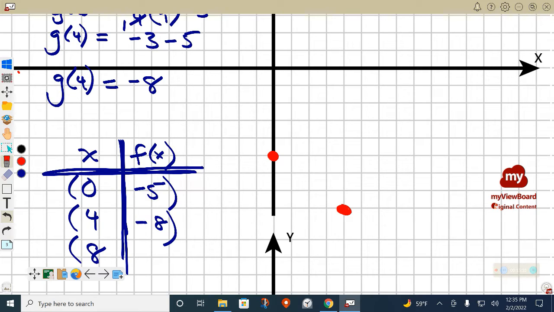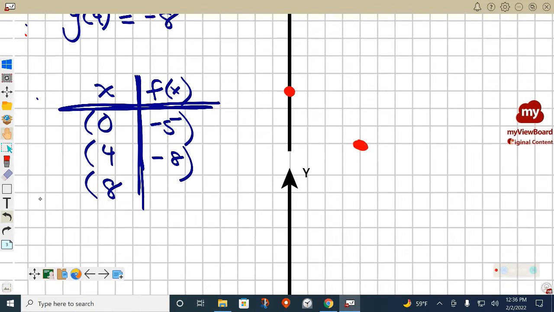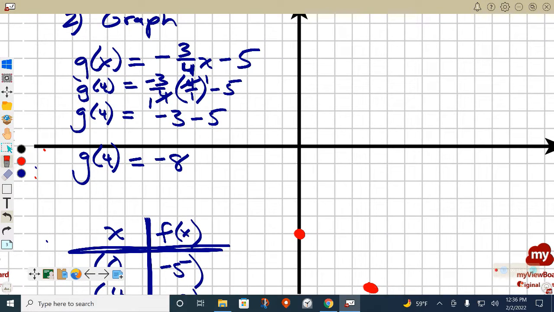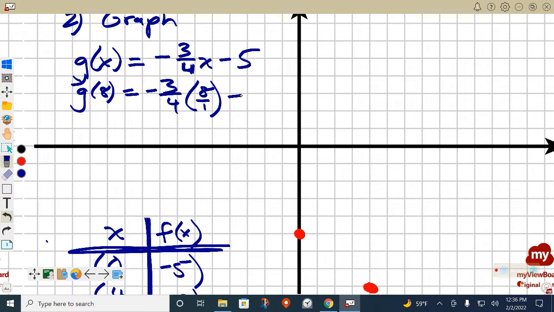Last but not least, 8. G at 8 equals negative 3/4 times 8 over 1 minus 5. 4 goes into 4 once and 4 goes into 8 twice, so I'm cross canceling there.